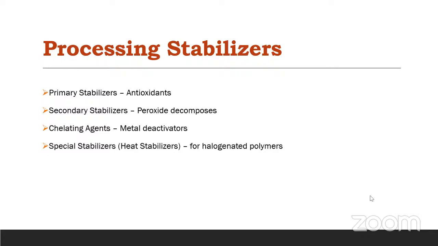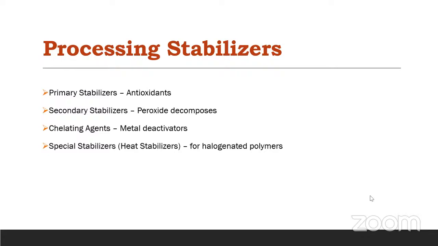Then chelating agents or metal deactivators. Metal ions are generally present from the catalyst. From where does this catalyst come? During the synthesis of your polymer, there are different catalysts and initiators which are used. For example, for polyethylene, Ziegler-Natta catalyst is used, in which metals are present.